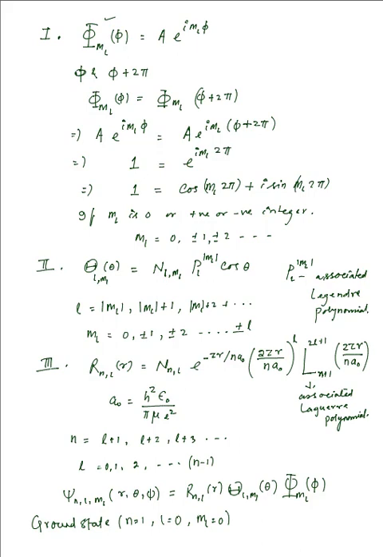We put in these values, and we have the expression for r, theta and phi. We have psi 100, that is equal to 1 over root pi times Z over a naught raised to the power 3 over 2, e raised to the power minus Z r over a naught. This is the real form of the normalized eigenfunction for the ground state of a one electron atom.